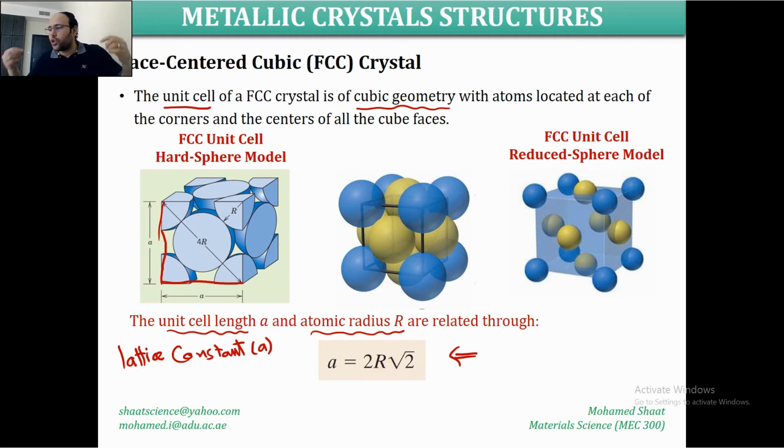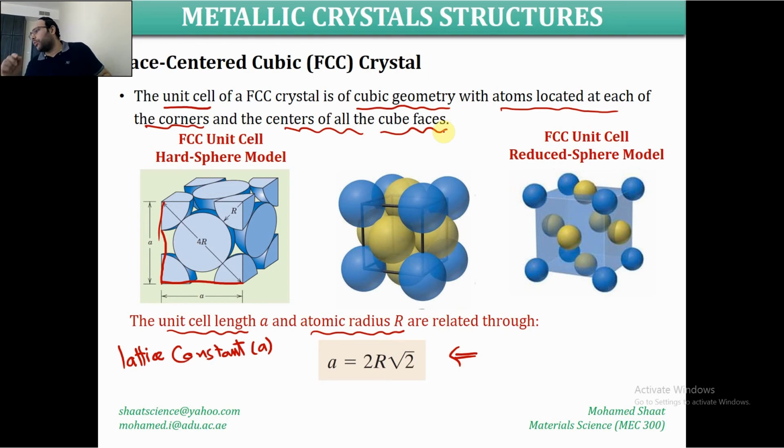Here we are talking about the geometry, the shape of this unit cell, for a crystal that is an FCC crystal. So the unit cell of an FCC crystal has cubic geometry. This is one thing. It has a cubic shape with atoms located at each of the corners and at the centers of all cubic faces.